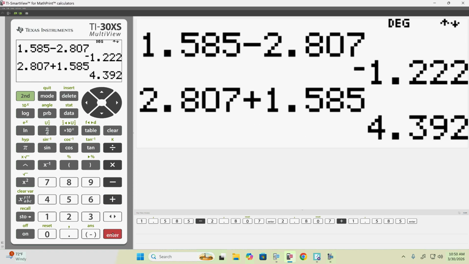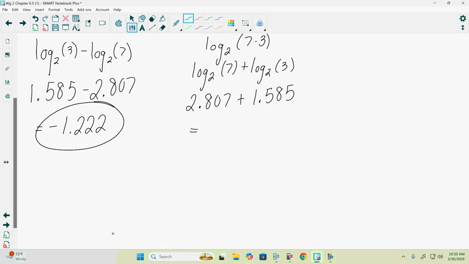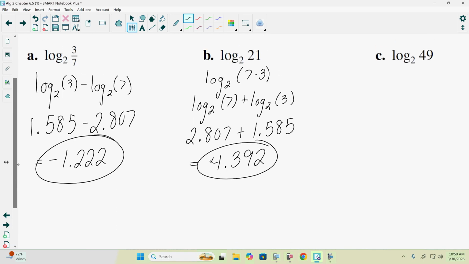And it tells us it's 4.392. Questions on either one of these here?